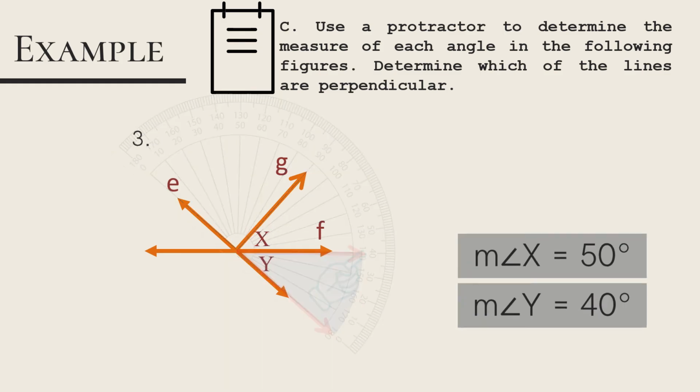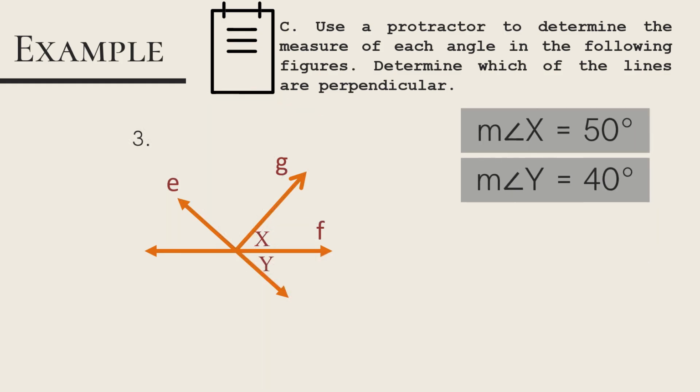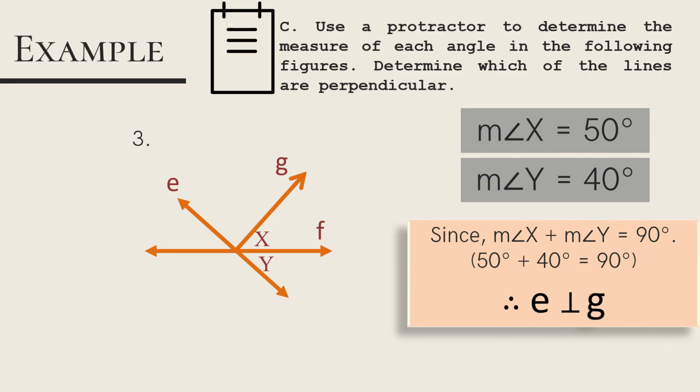Since the measure of angle X and the measure of angle Y were determined using the protractor, and adding these two gives us the result 90 degrees, therefore, we can say that line E is perpendicular to line G.